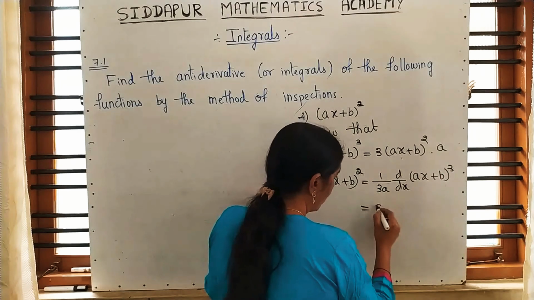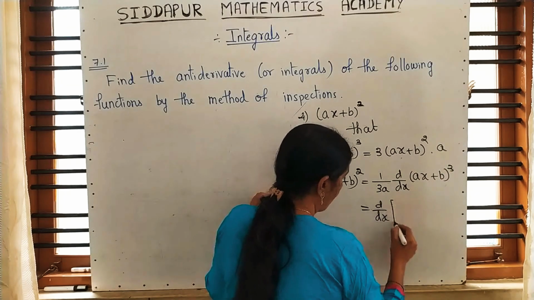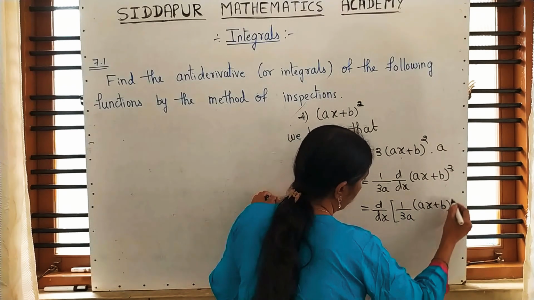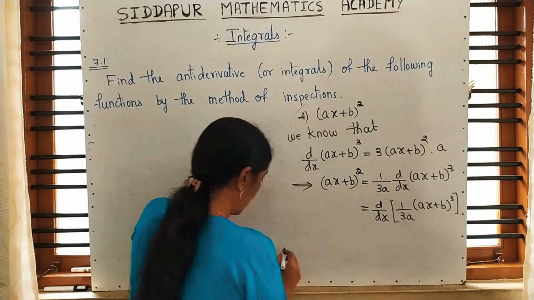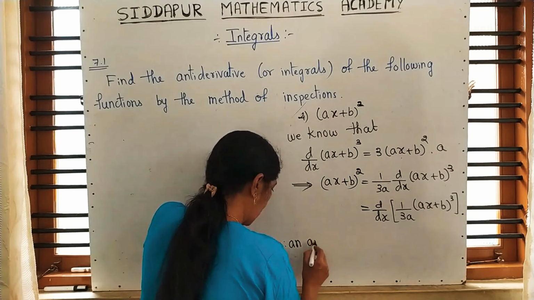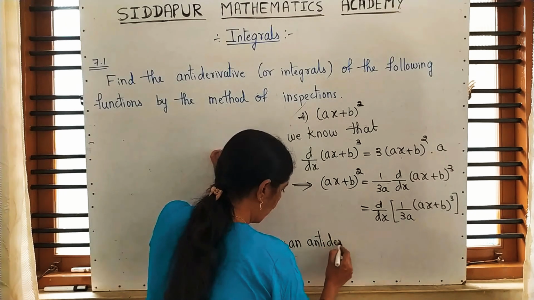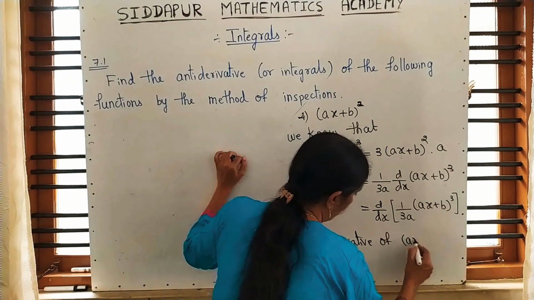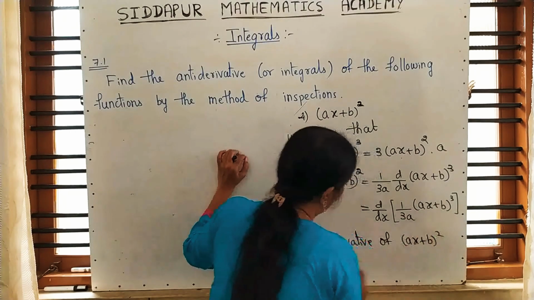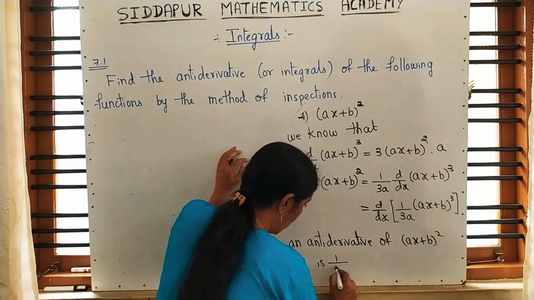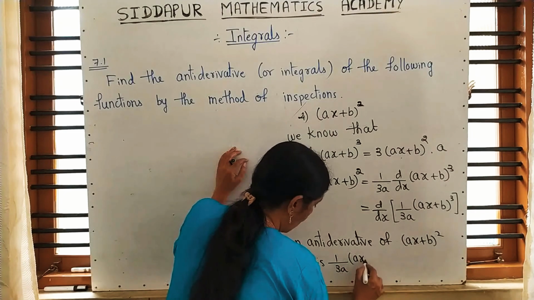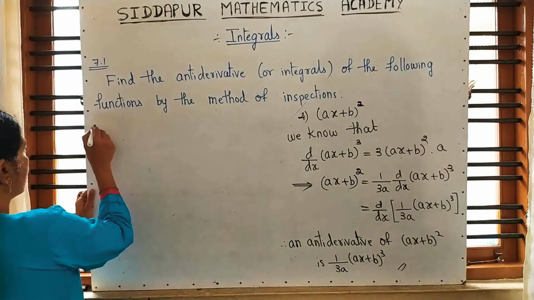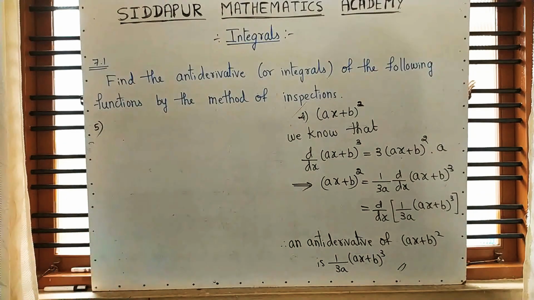Now, therefore, an antiderivative of (ax + b)^2 is 1/(3a) (ax + b)^3. Correct or what? Moving to the next question, fifth one.